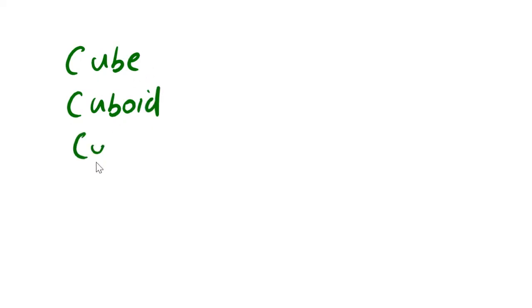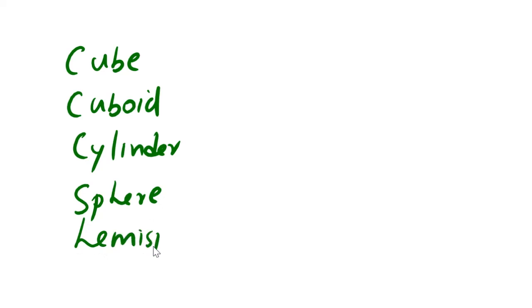So just for rewinding, cube, cuboid, cylinder, which you studied in detail in 9th standard, sphere, hemisphere, that also you studied in 9th and now revised in 10th standard. That is what happened in the last video.